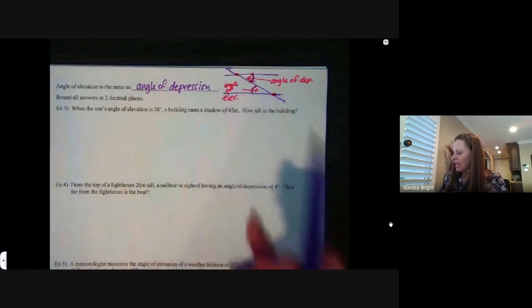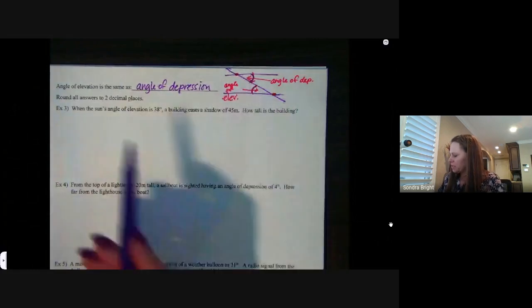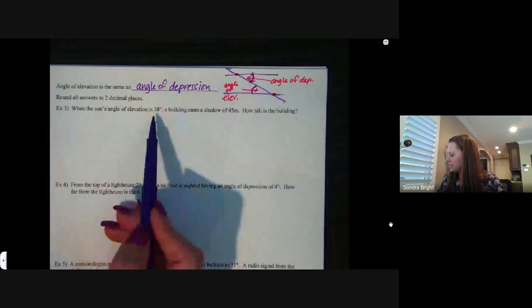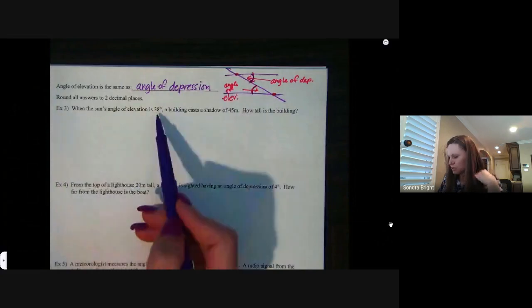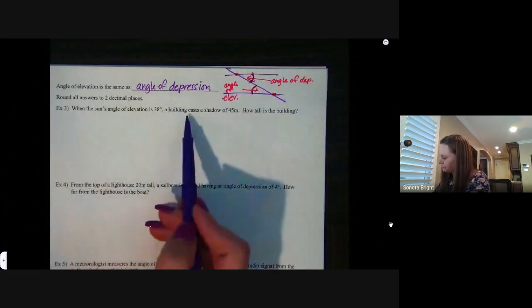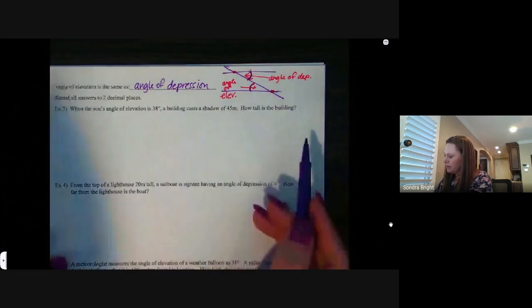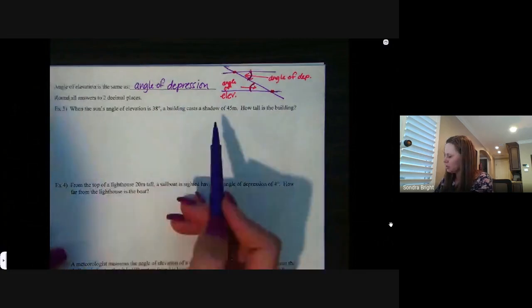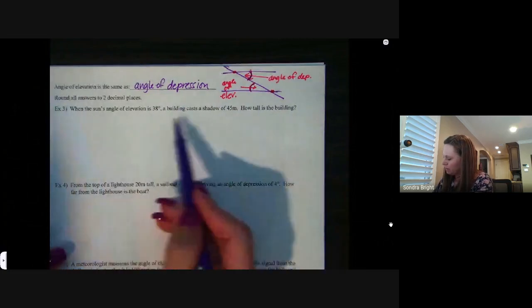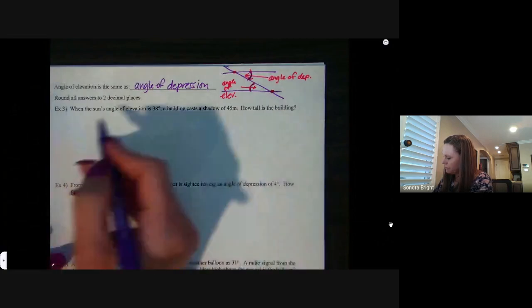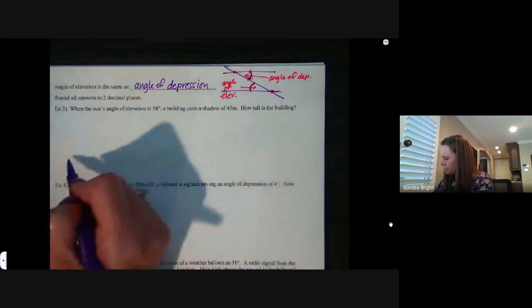Okay. So it says when the sun's angle of elevation is 38 degrees, a building casts a shadow of 45 meters. How tall is the building? So what it's saying is you've got this triangle.